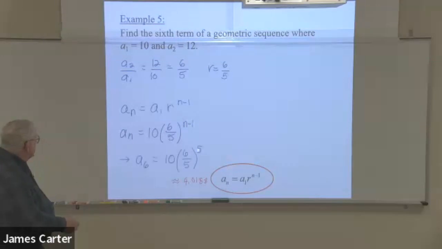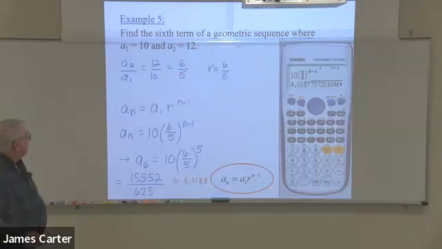So 6 minus 1 is 5. That in turn is equal to this decimal value. If you used your calculator, there it would be if you put it in there.